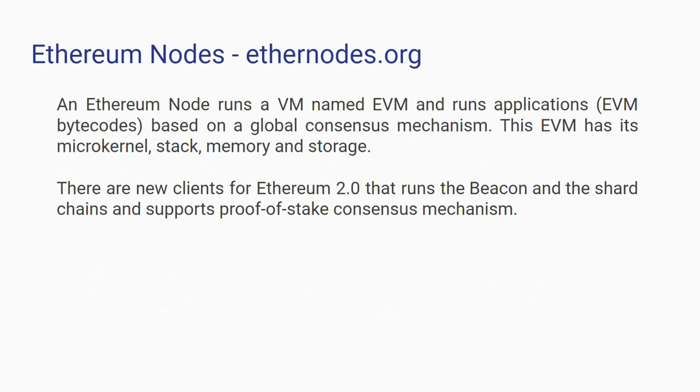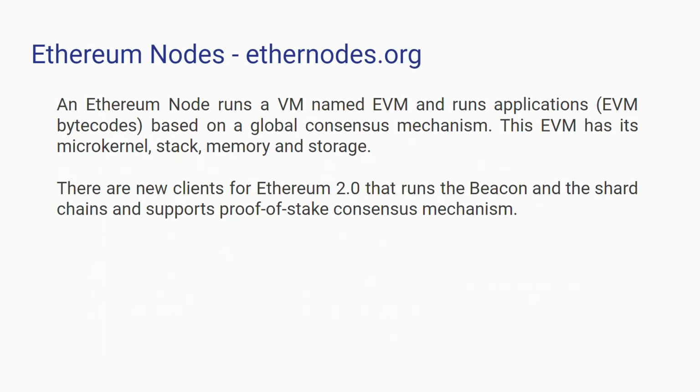Now there are new clients for Ethereum 2.0, which run on shard chains and support the proof of stake consensus mechanism. As a beginner, you don't need to know much of this stuff now, but in our intermediary course, we will explain it in much more detail.